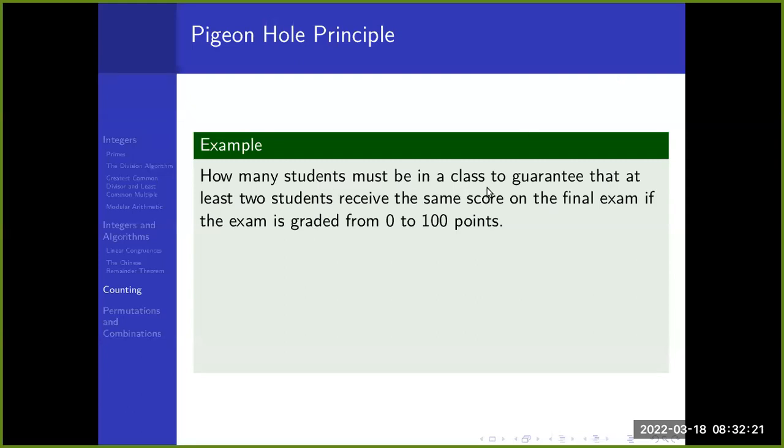How many students must be in a class to guarantee that at least 2 students receive the same score in the final exam, if the exam is graded from 0 to 100%?